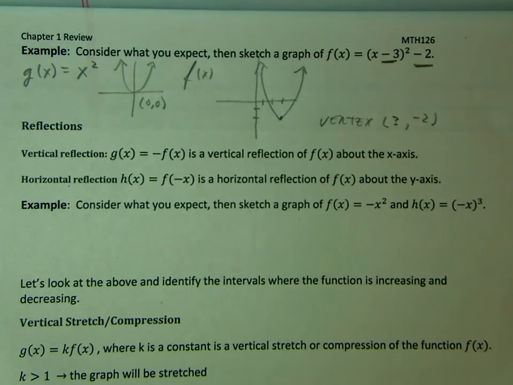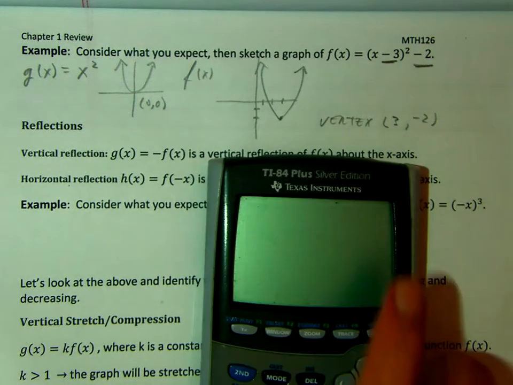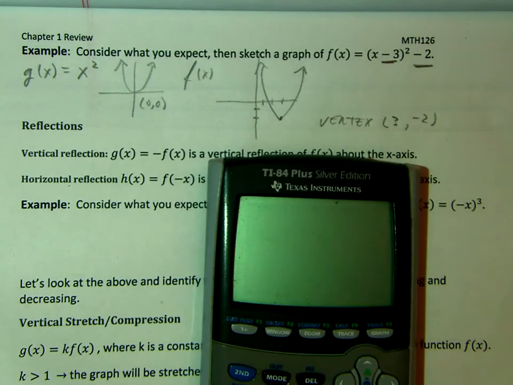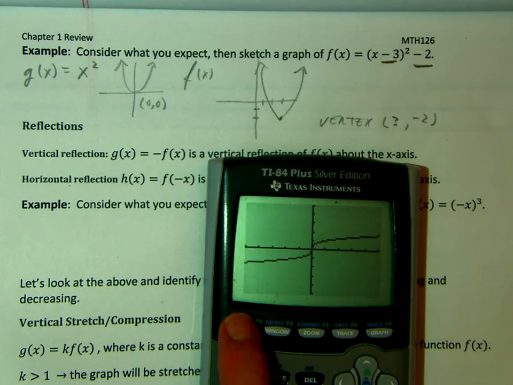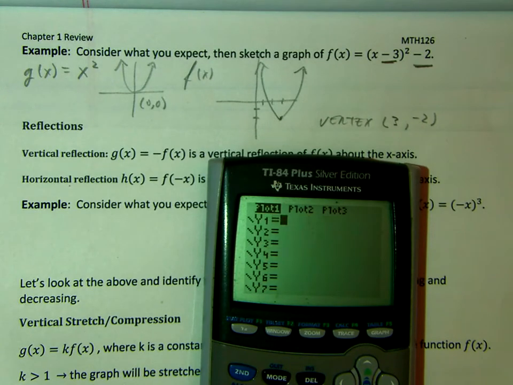Now let's go ahead and graph on our calculators and see if we're right. So we're going to go to the y equals, clear out whatever's there, x minus 3, quantity squared, minus 2, graph.